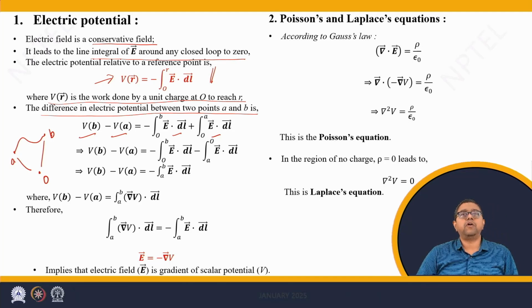The integral from O to A plus the integral from O to B. This results in integral of E dot dl with minus sign instead of plus sign by reversing the integral limits.